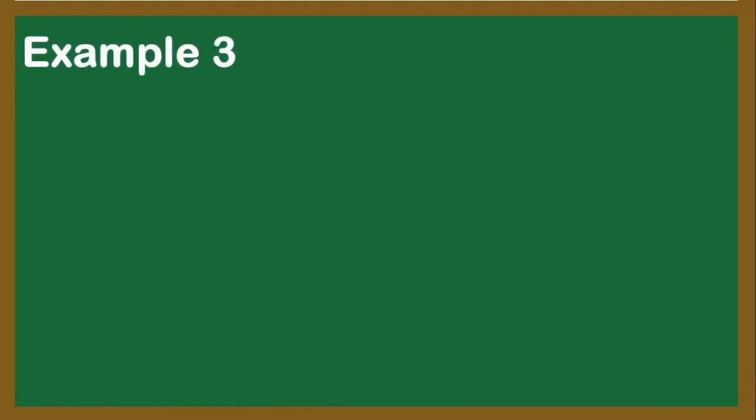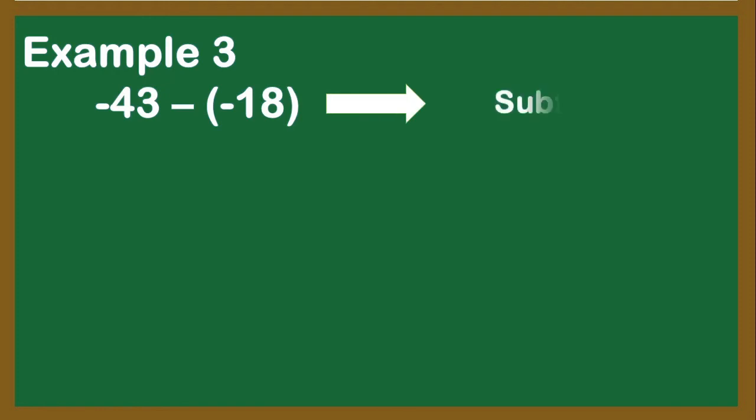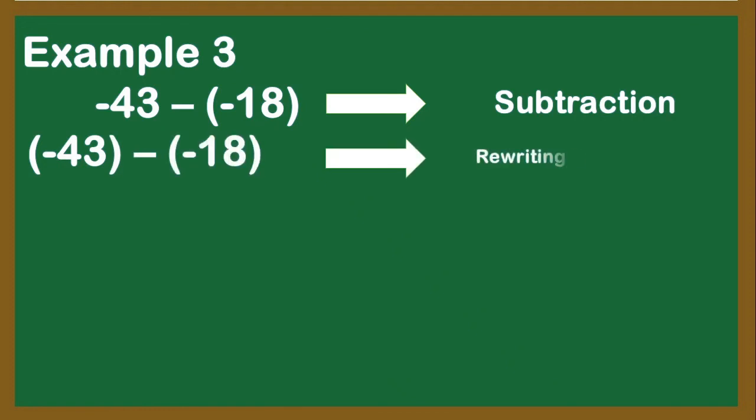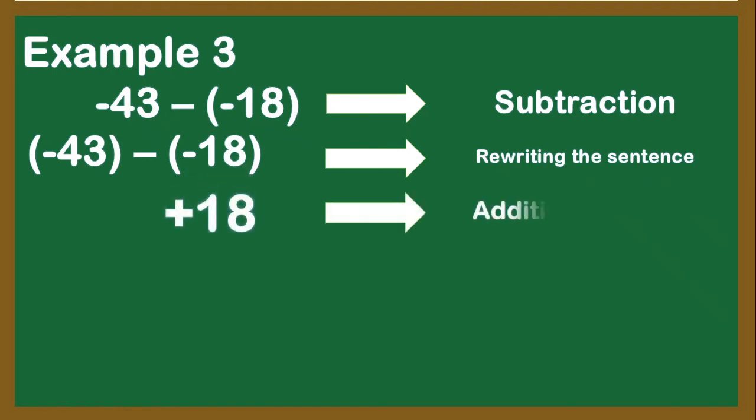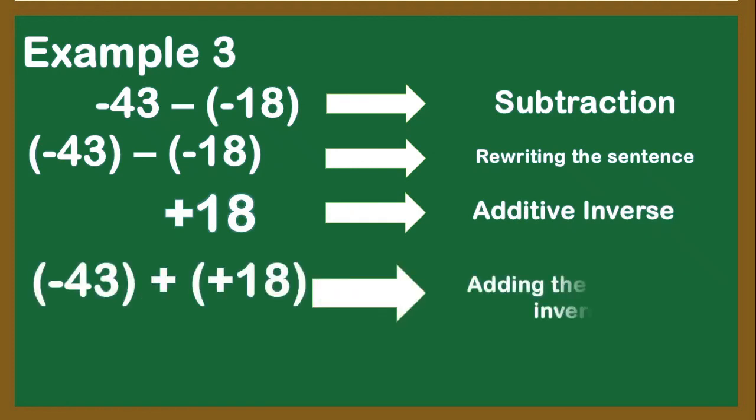Now let us have example number 4. Negative 43 minus negative 18, that is a subtraction sentence. Rewriting the sentence and taking the additive inverse of the subtrahend, that is positive 18, then adding the additive inverse, we have negative 43 plus positive 18.